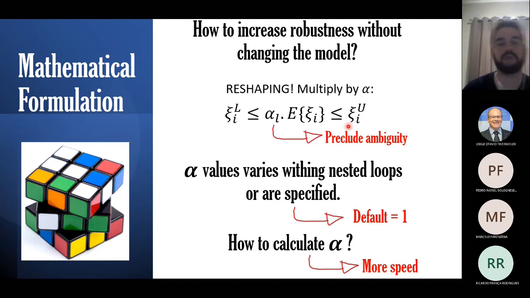You have, for example, let's suppose it is an exponential distribution. So for the uncertainty I, following an exponential distribution, you have a lower bound and an upper bound based on your historical data, okay?